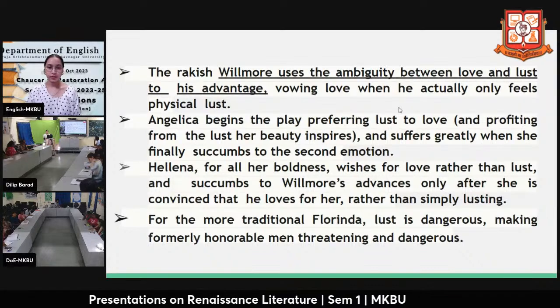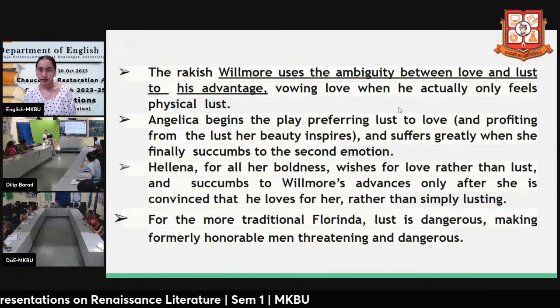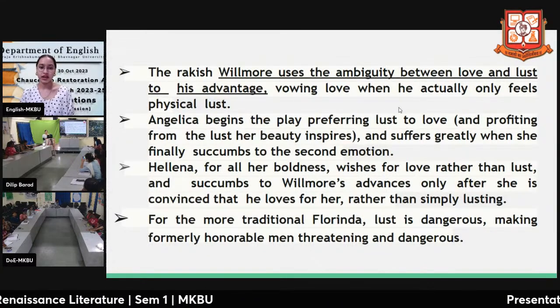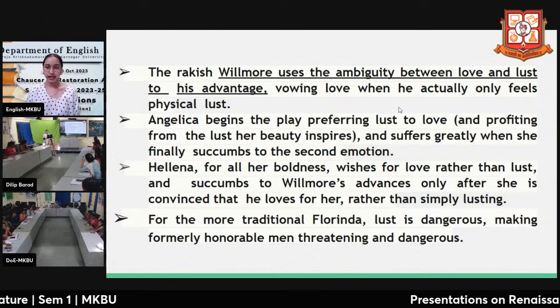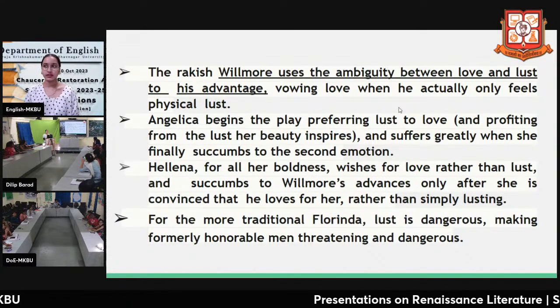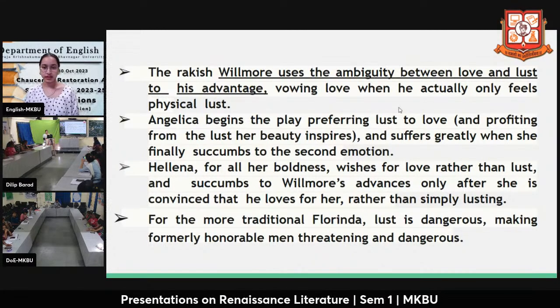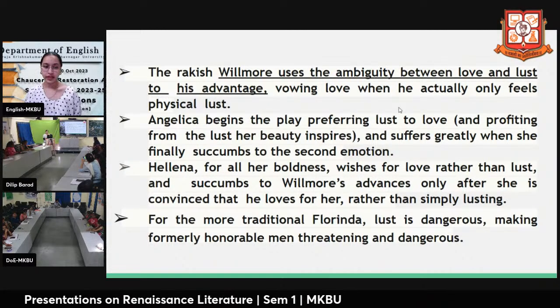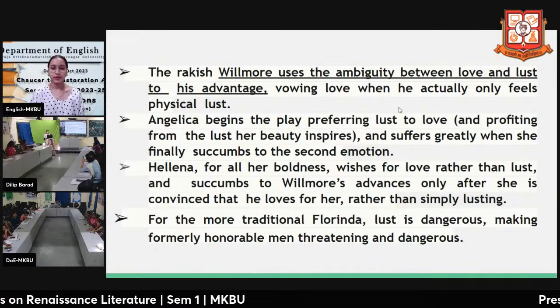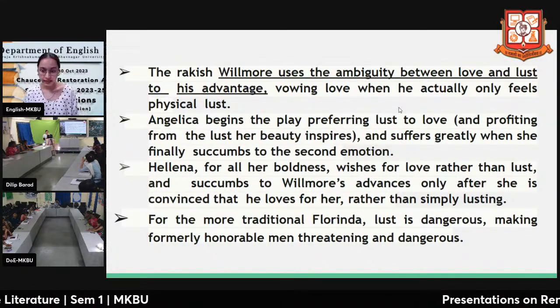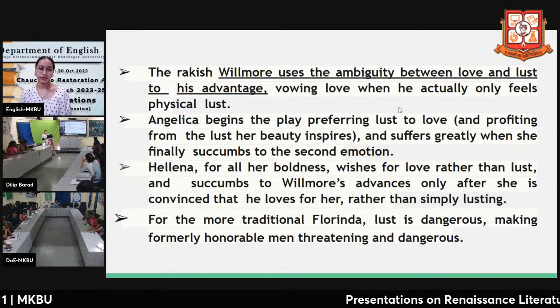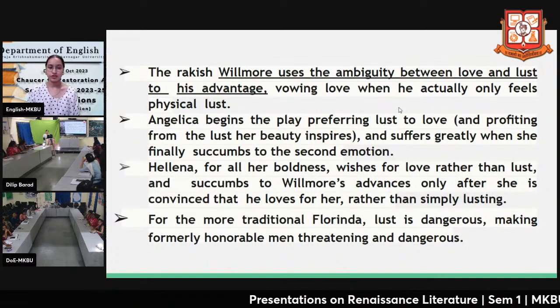The rakish Willmore uses the ambiguity between love and lust to his advantage, vowing love when he actually only feels physical lust. Angelica begins the play preferring lust to love and profiting from the lust her beauty inspires, and suffers greatly when she finally succumbs to the second emotion.